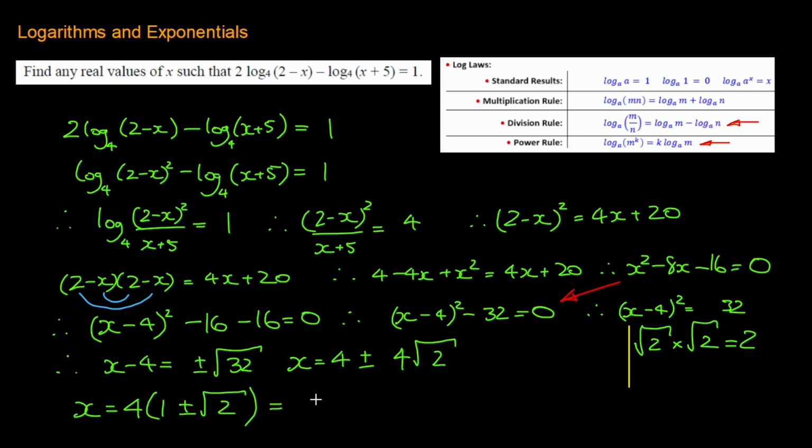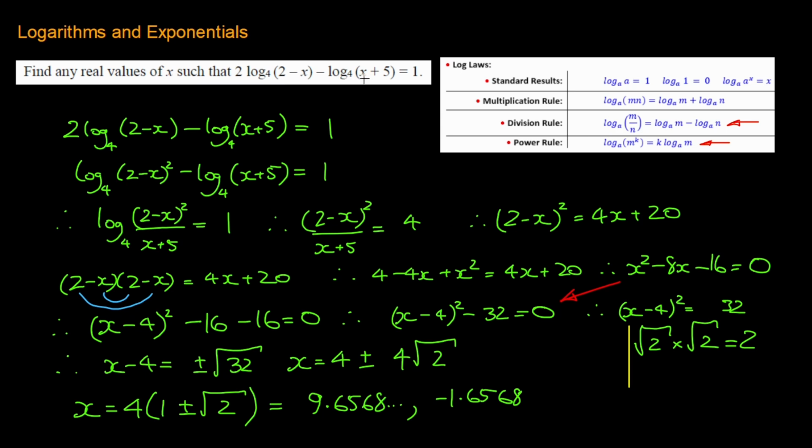And these are equal to, in decimal terms, the first one you get is 9.6568 ... and the other one, negative 1.6568.